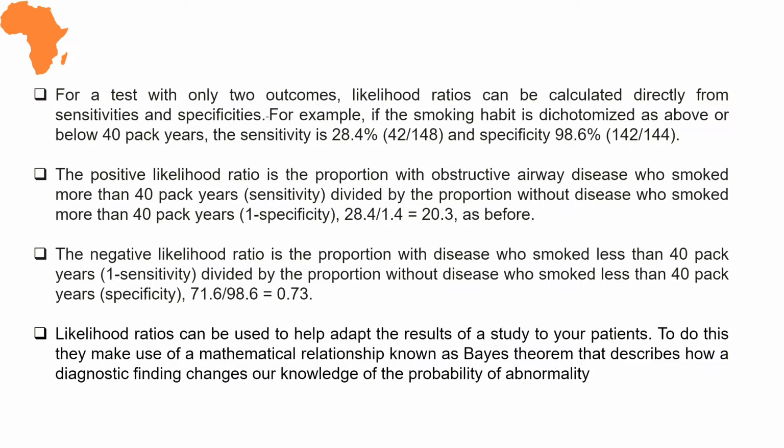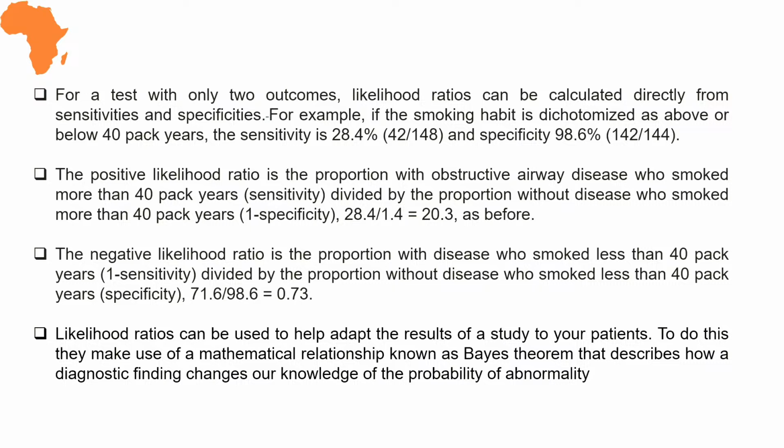So 28.4 is what we were doing, 42 over 148, divided by the specificity term. The positive likelihood ratio is the proportion of those with obstructive airway disease who smoked more than 40 packs a year, the sensitivity, divided by the proportion without the disease who smoked more than 40, so the next column, within the same column. The negative likelihood ratio is the opposite.